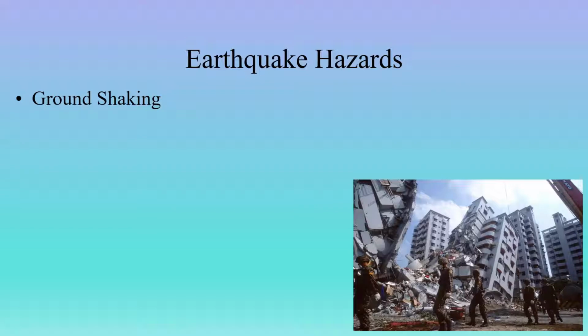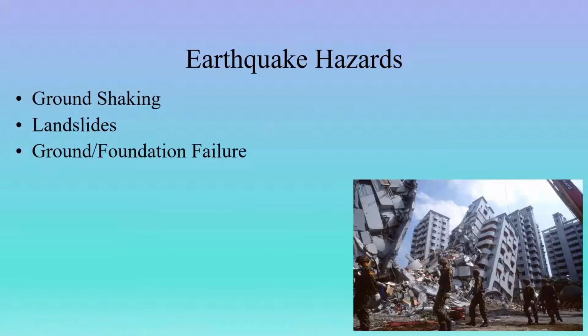First of all, one earthquake hazard obviously is ground shaking, right? That's a pretty obvious one. Landslides precipitated by all the ground shaking, that's another big one. Some earthquakes can launch thousands of landslides. Ground failure, foundation failure of buildings, that's another big hazard associated with earthquakes, right?